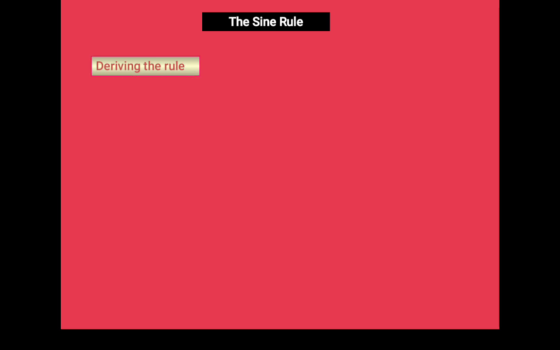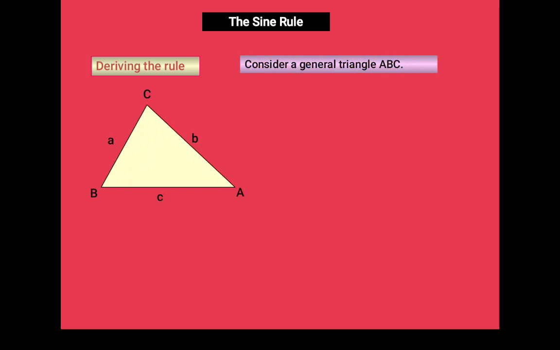So let us look at how this rule can be derived or arrived at. Consider a general triangle ABC, such that the sides are labeled as a, b, and c, respectively, as I mentioned earlier on.